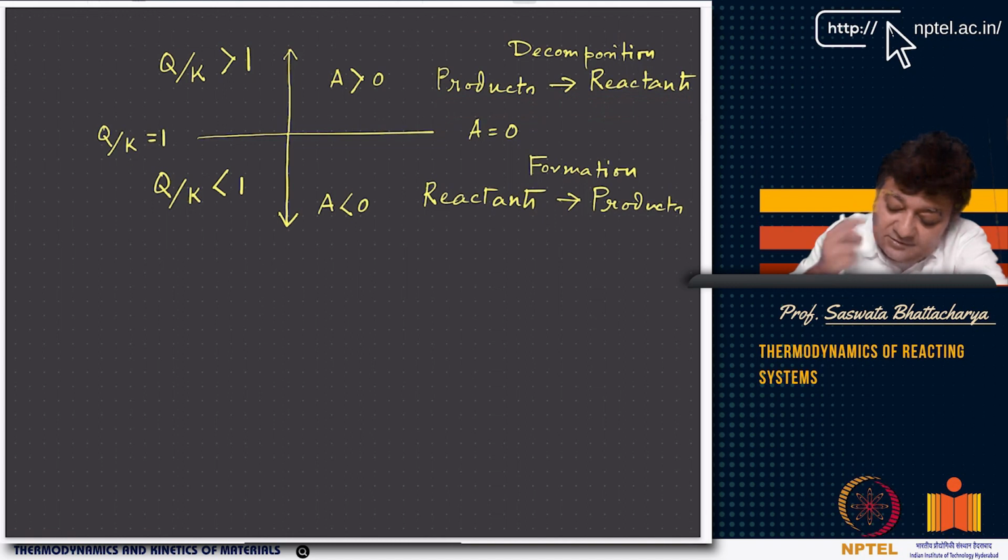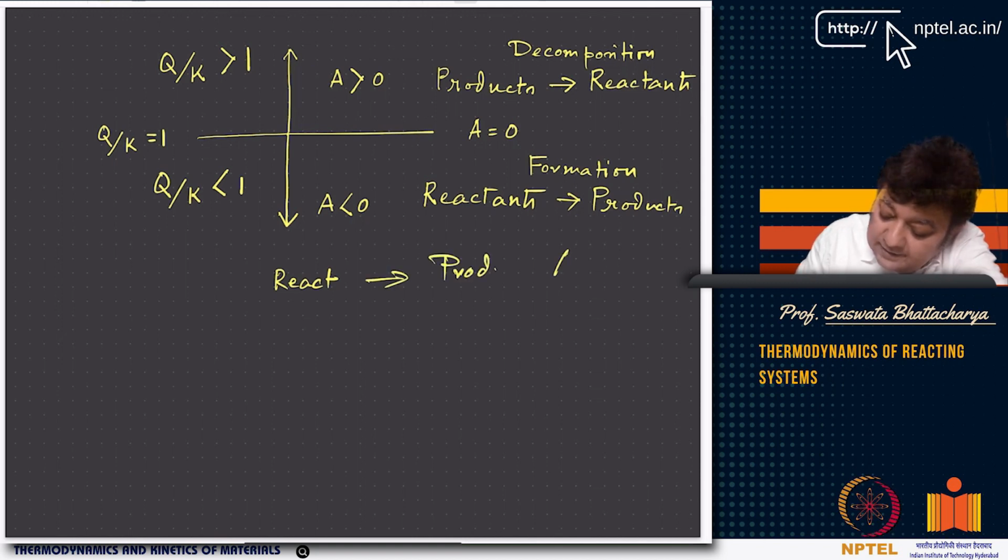If A is greater than 0, and if Q by K equal to 1, then you have A equal to 0. Now, when Q by K is greater than 1, that means delta G is positive, so I go from reactants to products and I get A greater than 0.